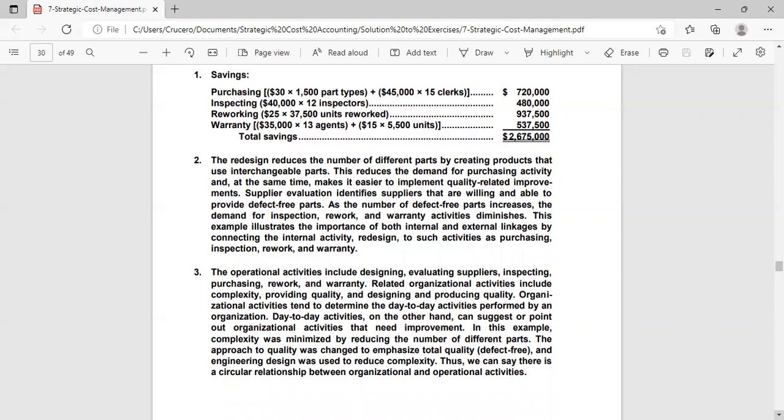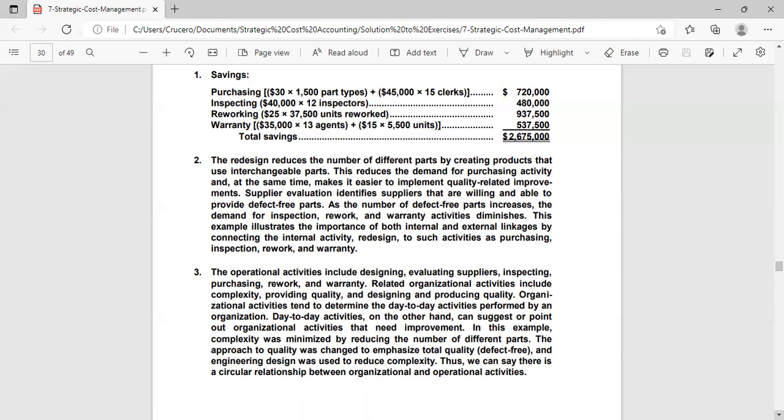Requirement 2. Explain how redesign and supplier evaluation are linked to the savings computed in requirement 1. Discuss the importance of recognizing and exploiting internal and external linkages. The redesign reduces the number of different parts by creating products that use interchangeable parts. This reduces the demand for purchasing activity and at the same time makes it easier to implement quality-related improvements. Supplier evaluation identifies suppliers that are willing and able to provide defect-free parts.